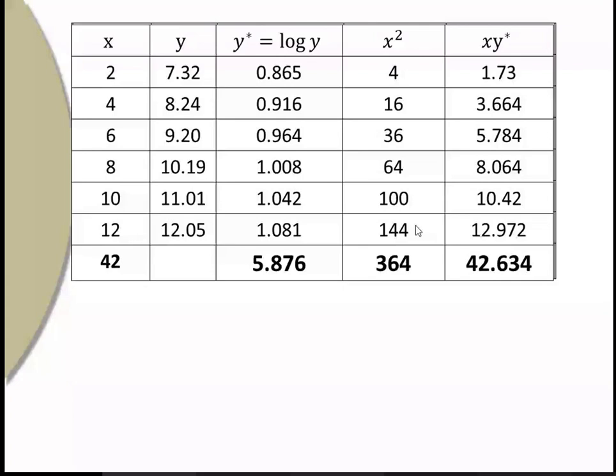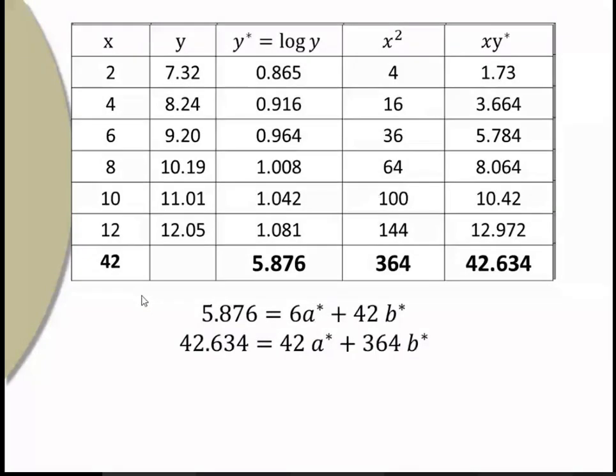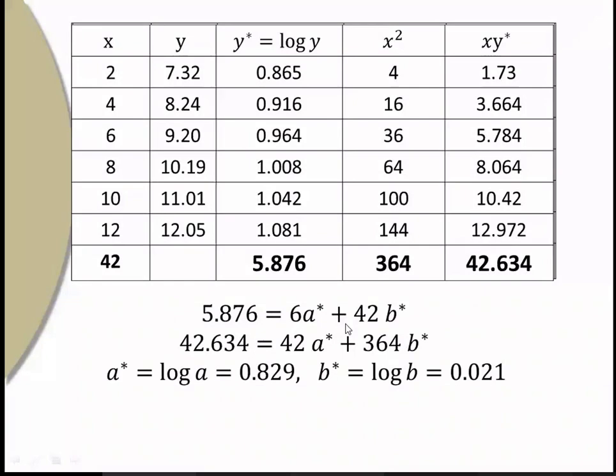Rest of the summations we need. And total number of terms, there are 6 terms, so n is 6. So use these tabular values and n as 6. Put these values in the normal equations. So these are the two normal equations we have. And now solve these two equations simultaneously. Get the values of a star and b star.